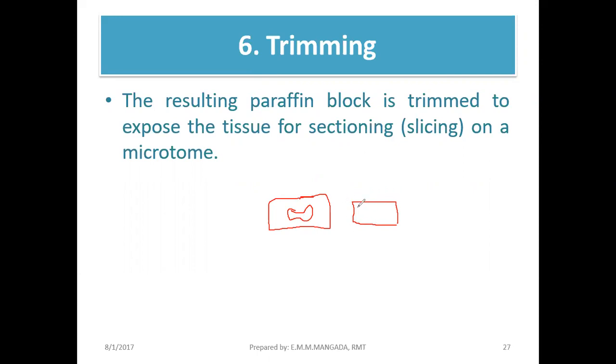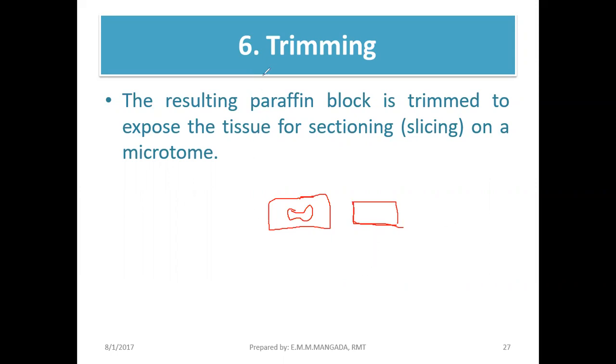In the trimming process, we're making the tissue block perfect in shape so that it will perfectly fit in our microtome.